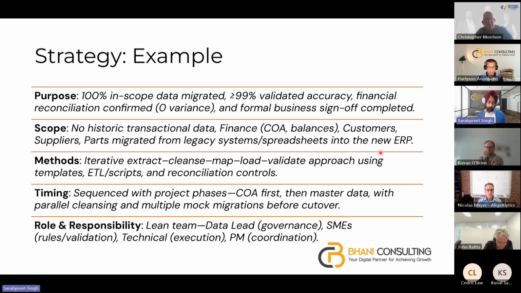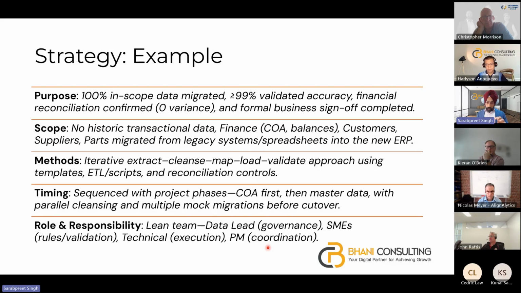These are in scope, and these few things are not in scope. These are the methods I'm using. This is my timing. This is who is doing what in the data migration space. So a few people are doing governance, others are doing technical work and coordination and so forth. So this strategy tells me, from a game perspective, that is the purpose, who is playing which part, and what is in and out, and the methods and timing.